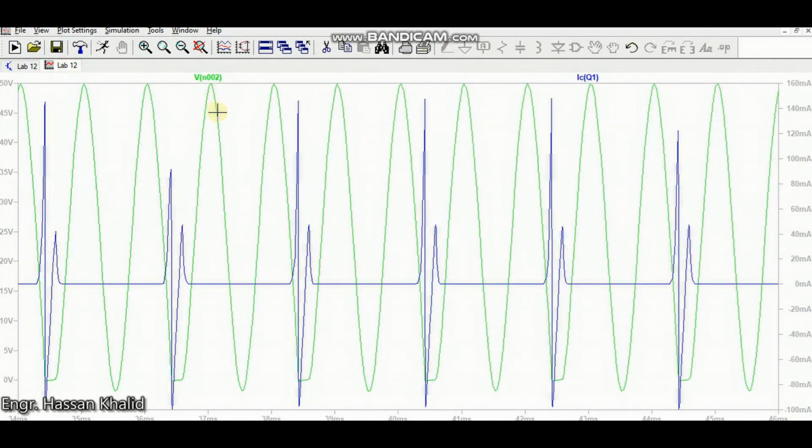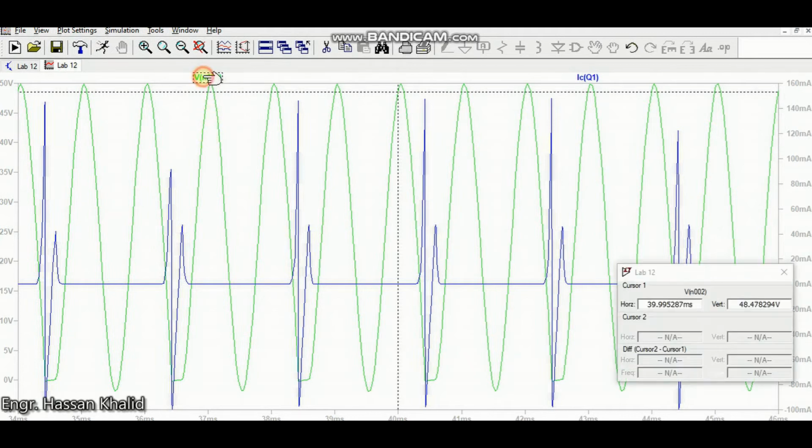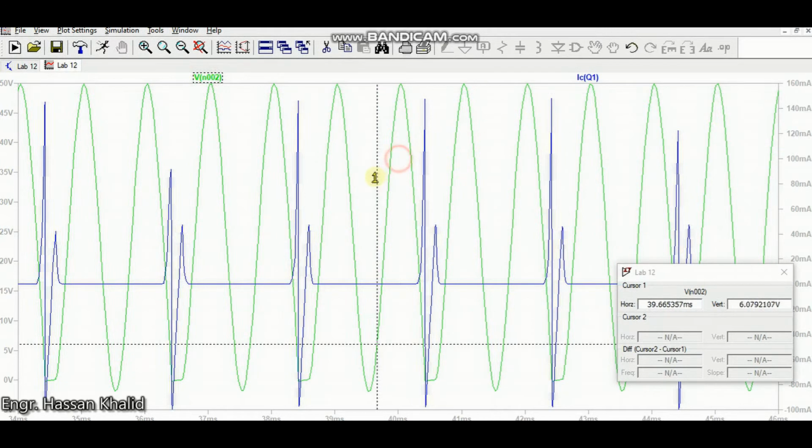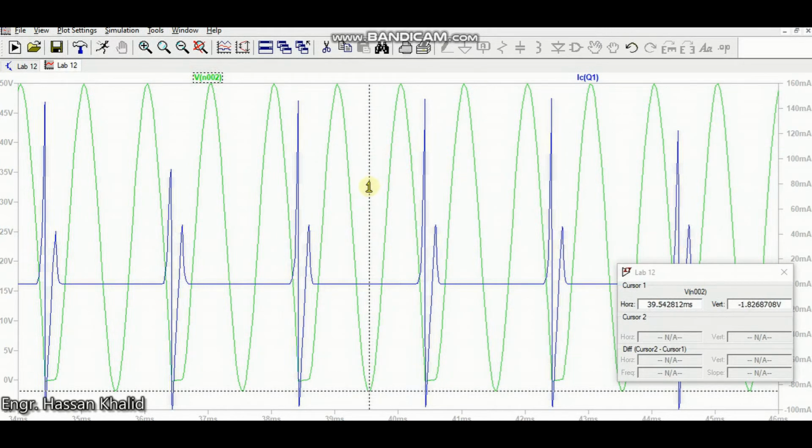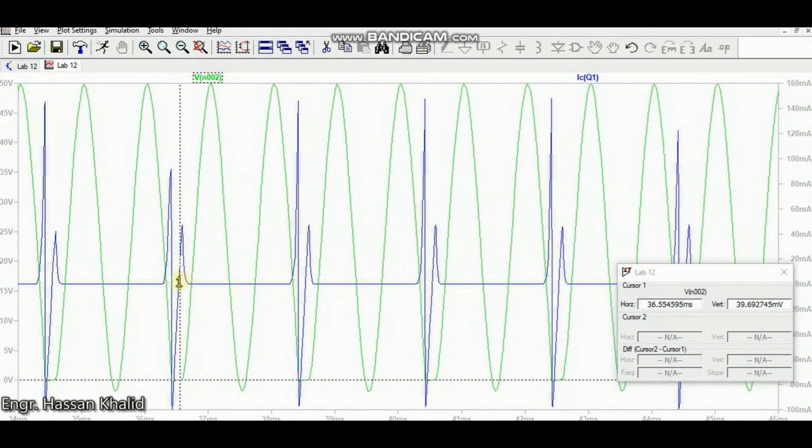Let's move towards the tab where we have two values. The green one represents the collector voltage, and if I click here for the cursor, let's find out the saturation point. This one is at 37 millisecond before we get this point over here, and it says minus 10.9 millivolts, in the negative direction.